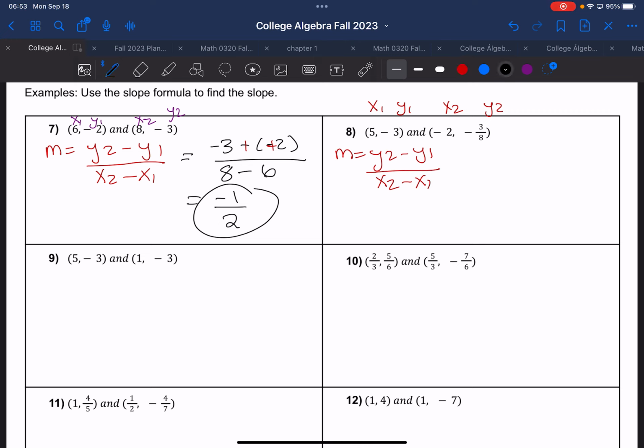So plugging everything in, I have y2, which is negative 3 over 8, minus y1, which is negative 3. So I'm going to put negative 3 in parentheses. Over x2, which is negative 2, minus x1, which is 5.